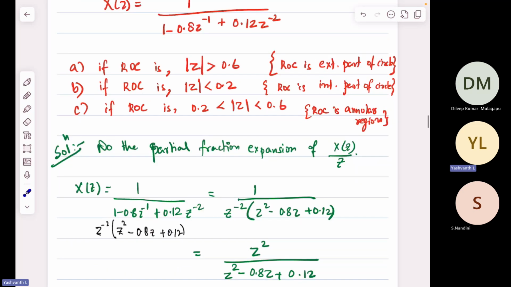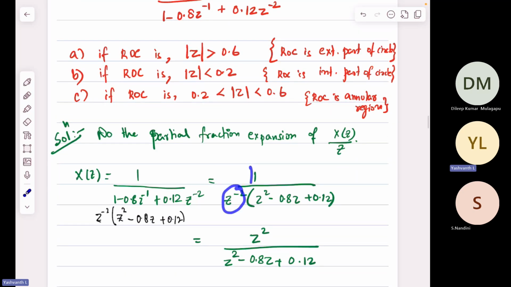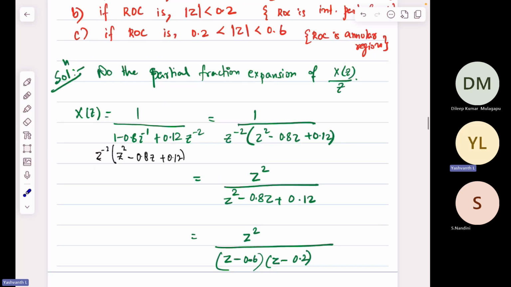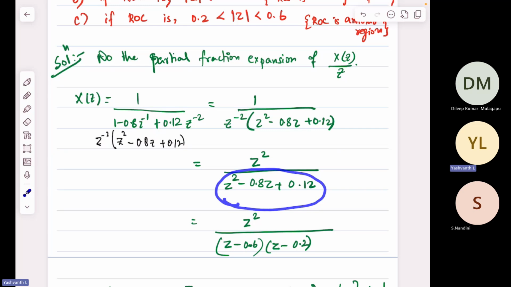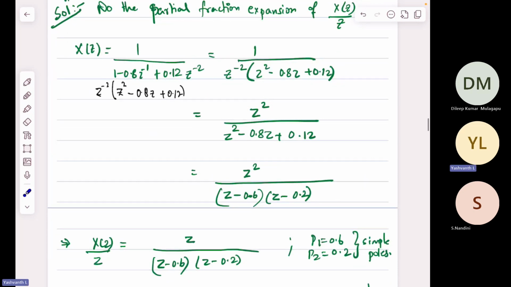Now 1 by z^-2 becomes z^2, so z^2 goes in the numerator, and the denominator becomes z^2 - 0.8z + 0.2. This can be factorized as (z - 0.6)(z - 0.2).